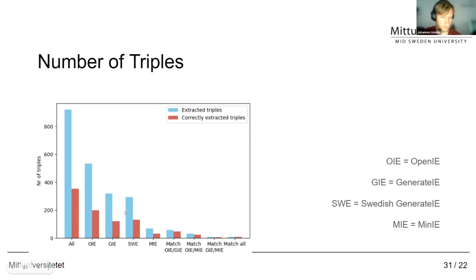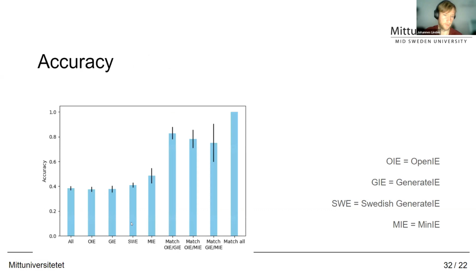This one was for the Swedish language. And if we look at the accuracy, it actually goes up the fewer triples there are, of course, but for the match all, which has an accuracy of 1, it's only a couple of triples.